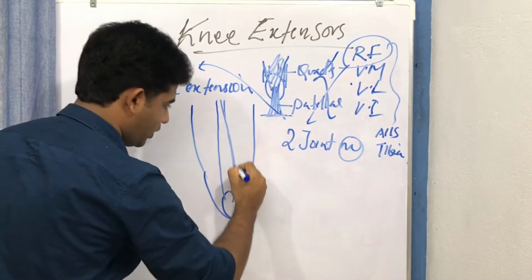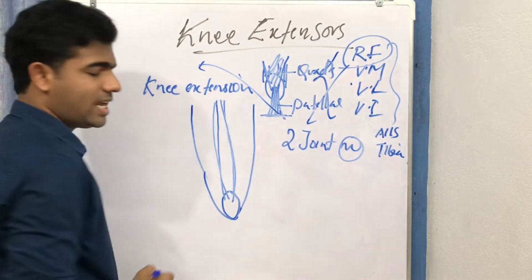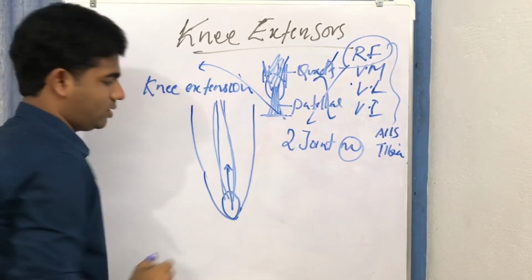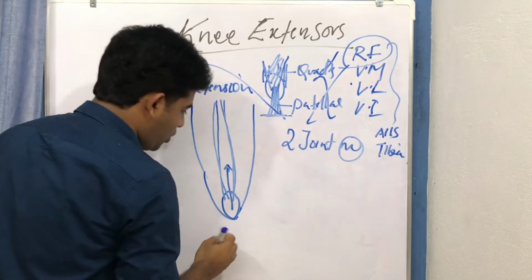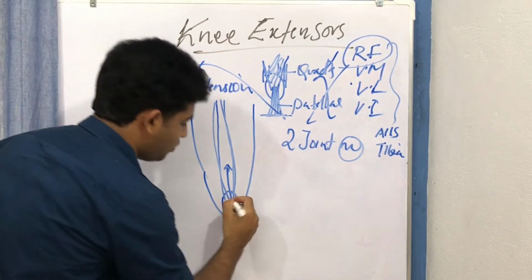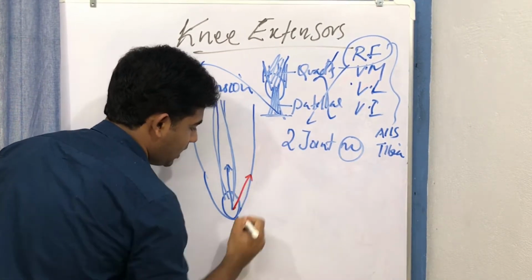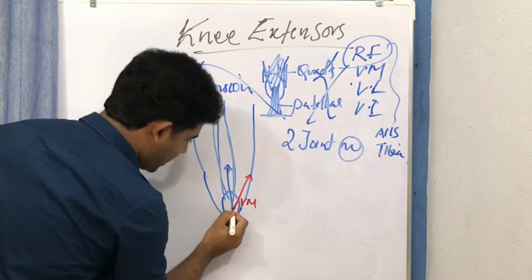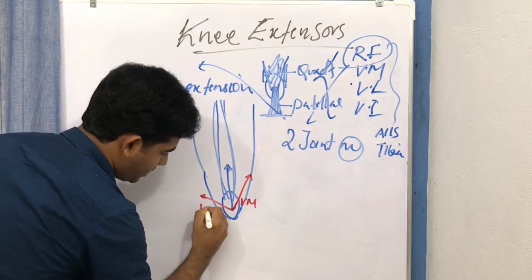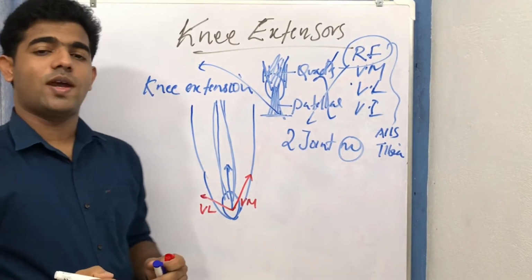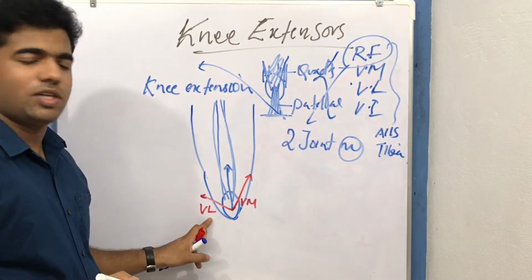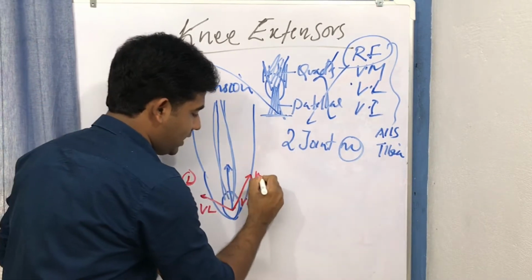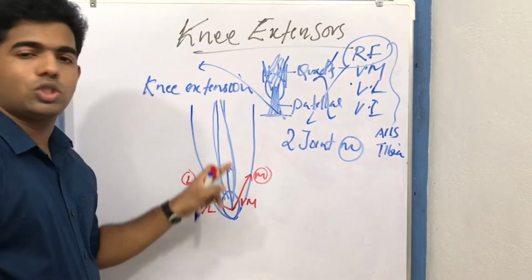The line of pull of this muscle is this one. Now you have your vastus medialis in this direction, and the line of pull of vastus medialis is this. And now you have the vastus lateralis, whose line of pull is this one. See the difference: this is laterally oriented, this is medially oriented, and this is almost to the center.